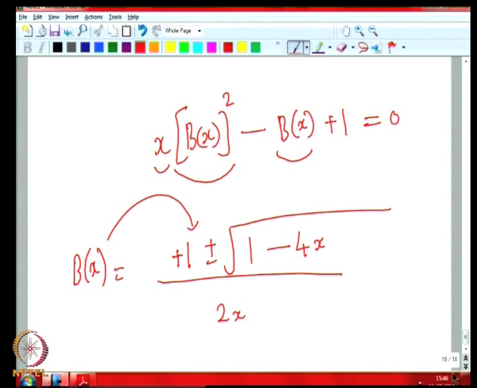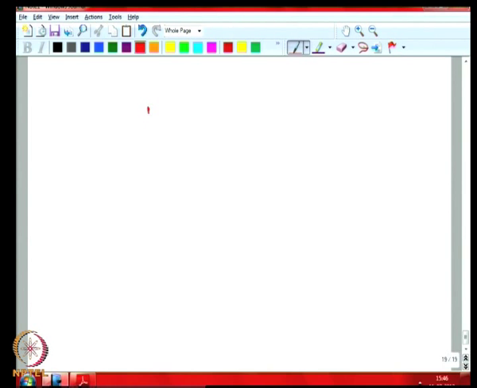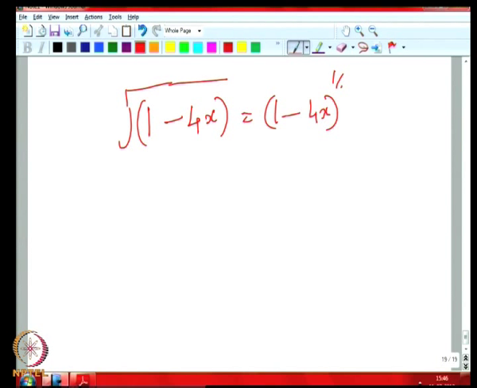So let us see it. Before deciding whether it should be plus or minus here, let us see what this stuff is, 1 minus 4x under the root. We know how to deal with this, 1 minus 4x raised to half, right.